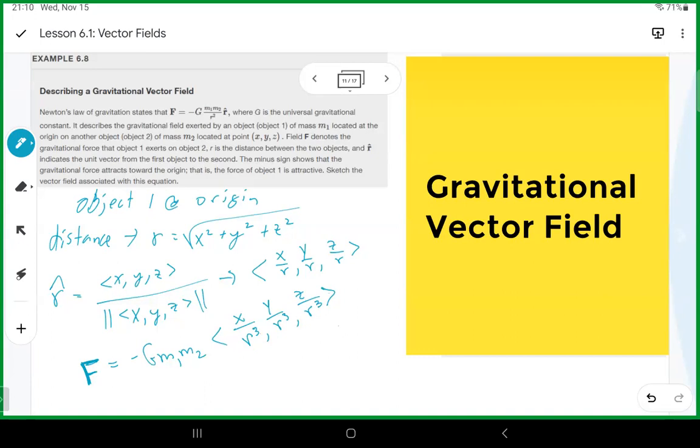Figure 6.8 shows what this gravitational field looks like for a large mass at the origin. Note that the magnitudes of the vectors increase as the vectors get closer to the origin.